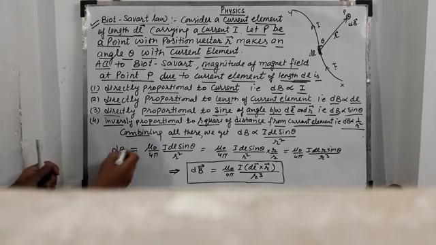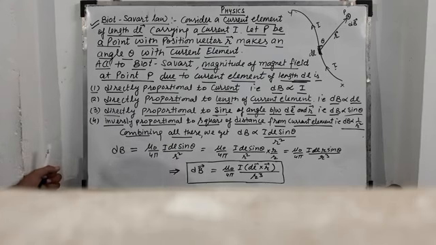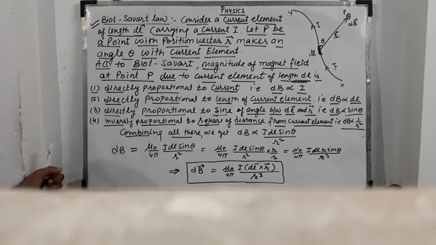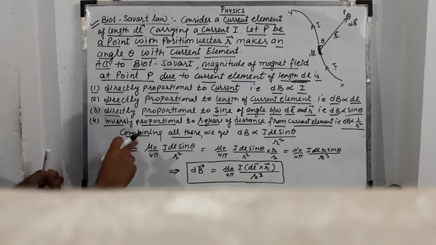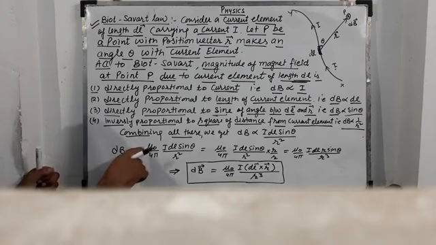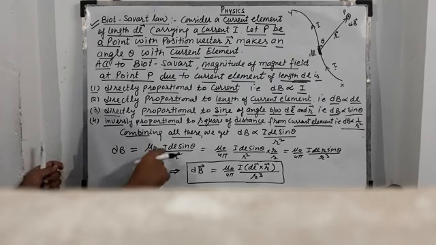Then dB is equal to mu naught upon 4 pi I dl sine theta upon r square, where mu naught upon 4 pi is the proportionality constant and mu naught is the permeability. As in electrostatics we have permittivity epsilon naught, similarly in the magnetic field, mu naught is the permeability of free space. So dB is equal to mu naught upon 4 pi I dl sine theta upon r square.